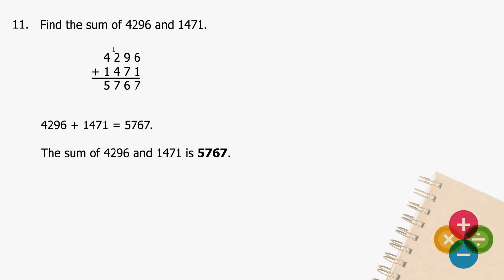The sum of 4,296 and 1,471 will be add 4,296 and 1,471, and the sum is 5,767. The sum of 4,296 and 1,471 is 5,767.